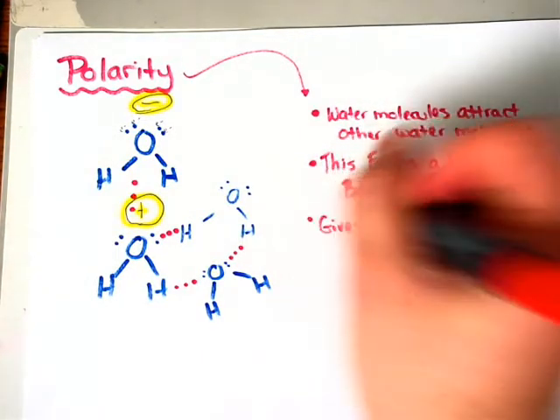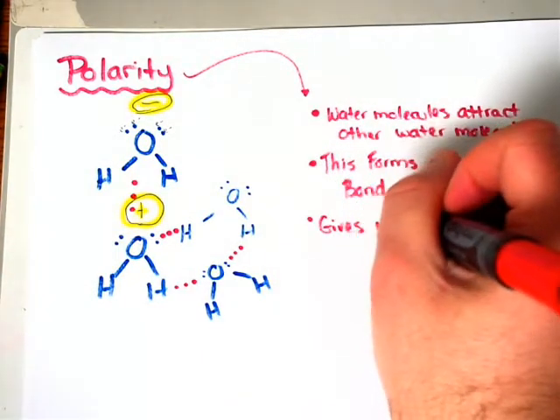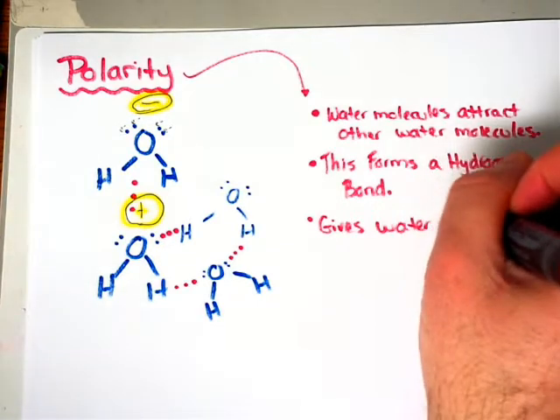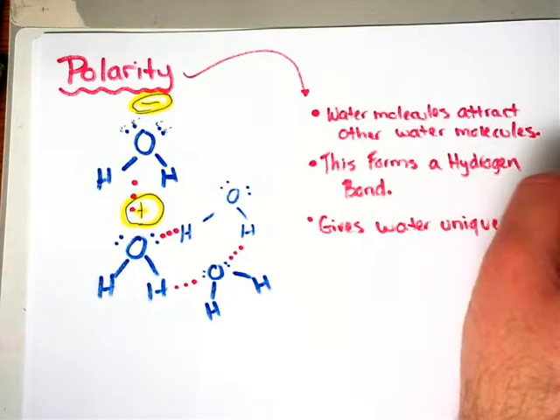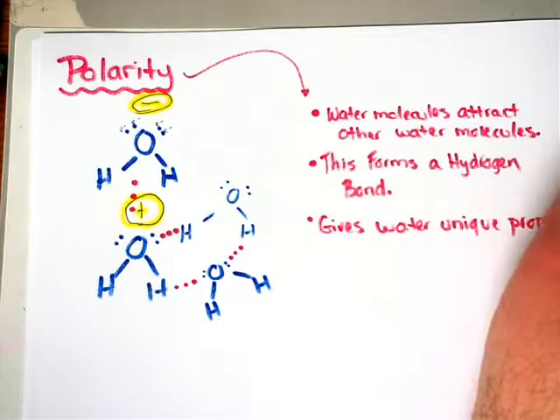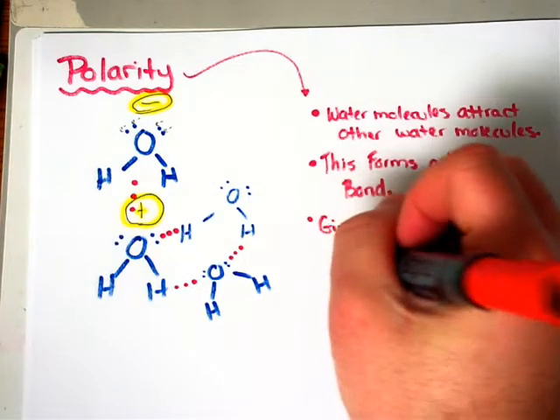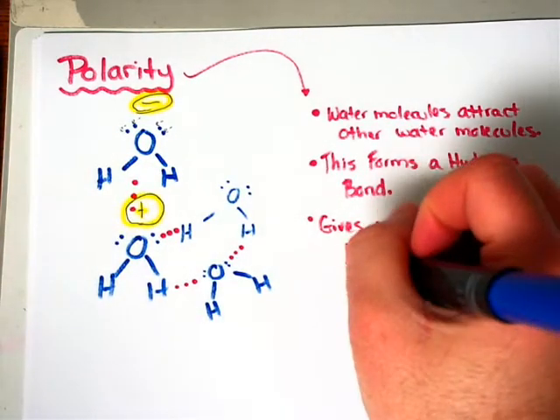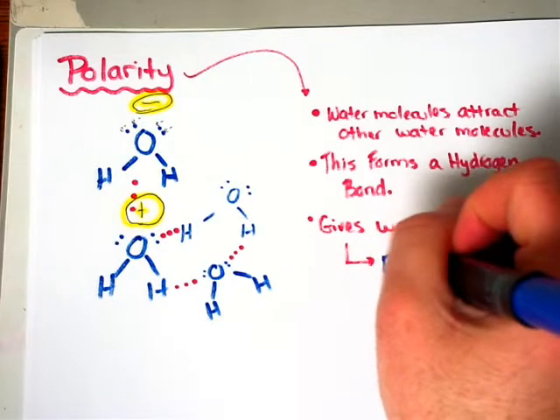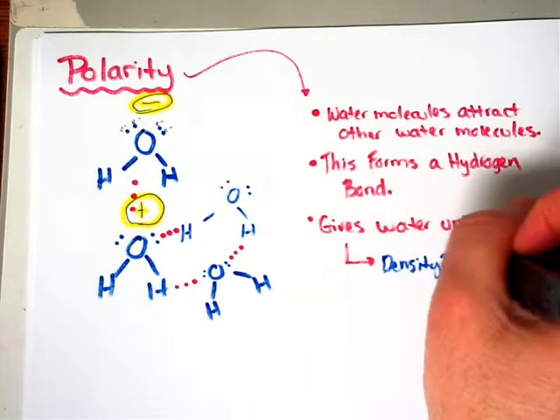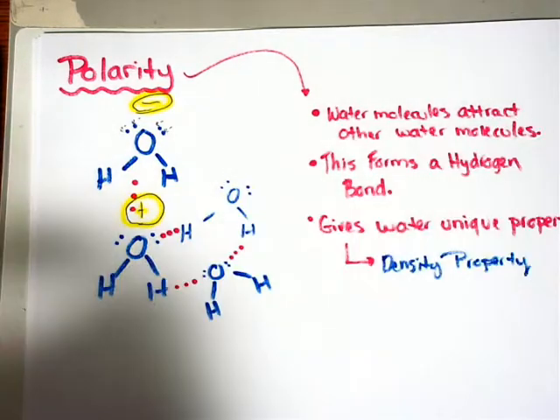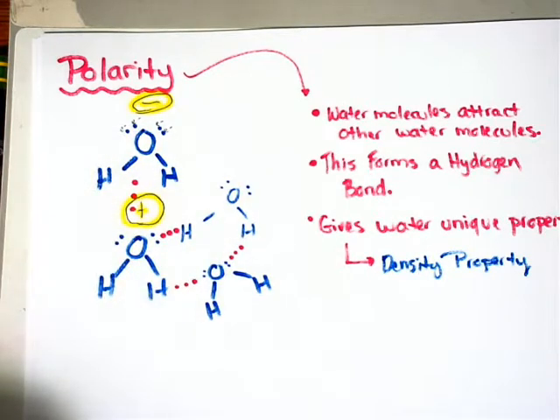And because of this, it gives water some very unique properties. And we will be talking about a lot of those properties over the next couple of weeks. But one major property that we just discussed was the density property of water, and how crazy it is that water can float as a solid and not sink as though you would suspect it to.